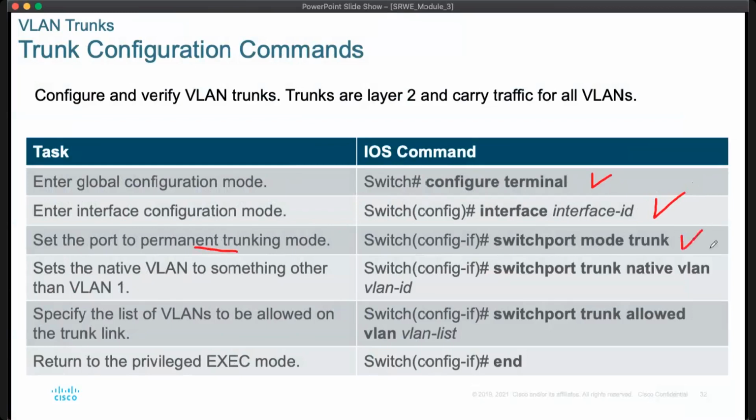Next, set the native VLAN to something other than VLAN 1 using this command. Then specify the list of VLANs allowed on the trunk with switchport trunk allowed vlan, and finally return to privileged EXEC mode.